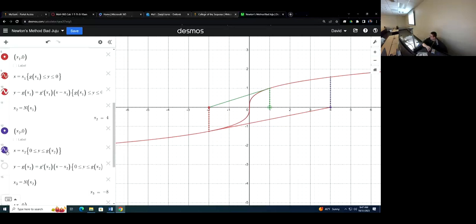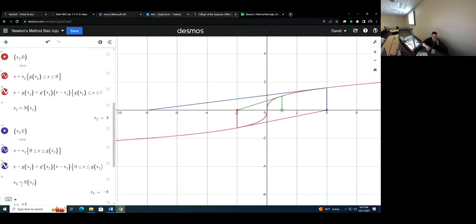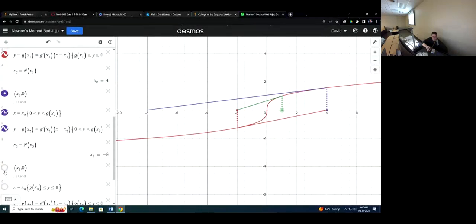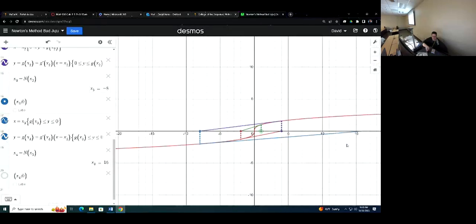Then we use Newton's method. We go up, this is our new x. We go up here. We find the tangent line. It leads us way over here to -8. We follow Newton's method here, drop down to here. It takes us way over here to 16.